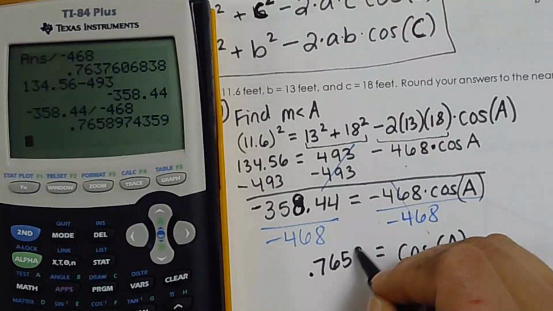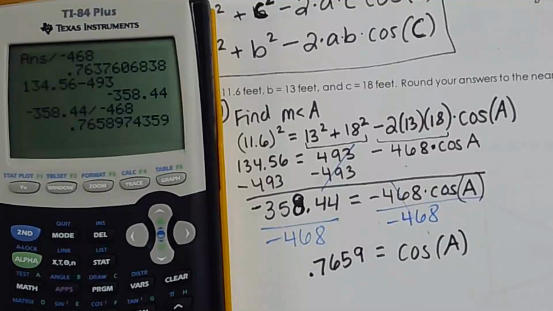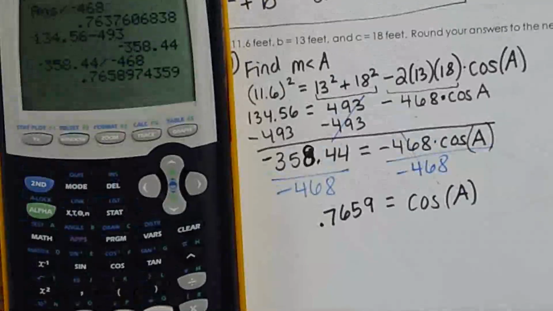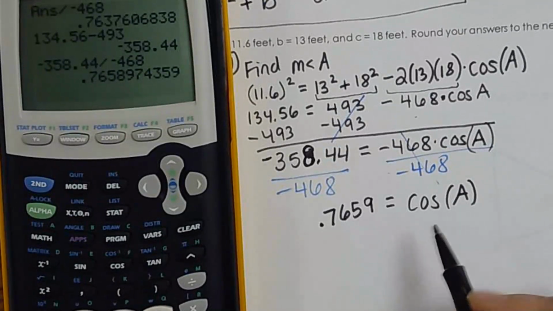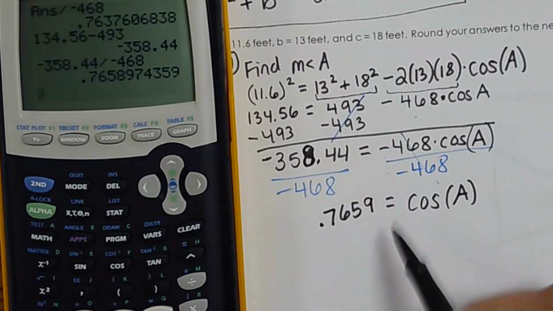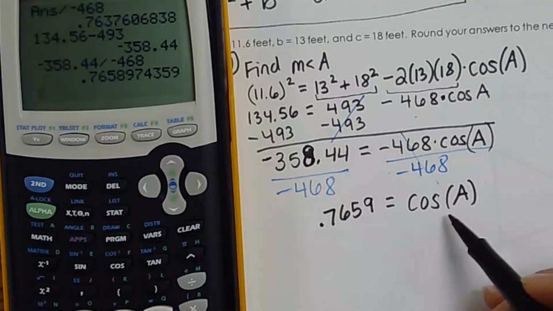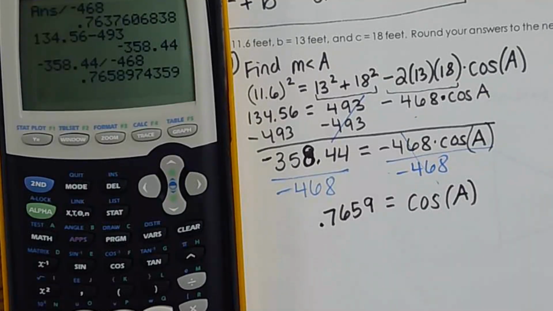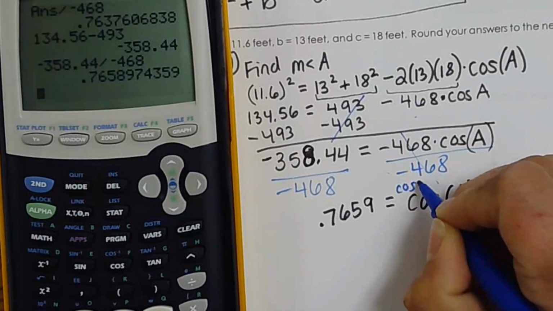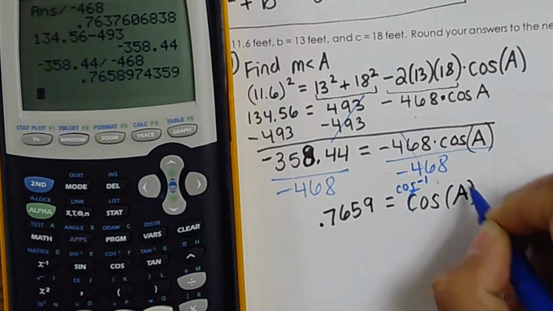can either round up to 9 or keep more numbers after the decimal, but we do need to keep track of all of that. All right, so we have about 4 numbers after the decimal. We are almost done, but we learned just last week that when we want to find angles, and it's in this form, cosine, you have to take cosine inverse of both sides, that -1 that we can write instead, right?